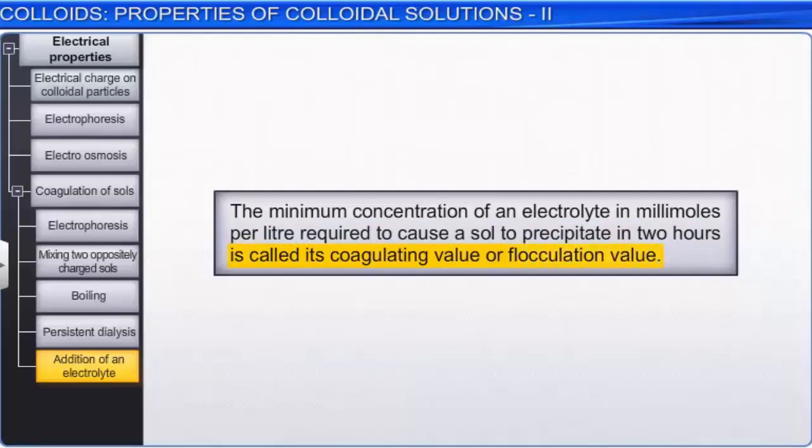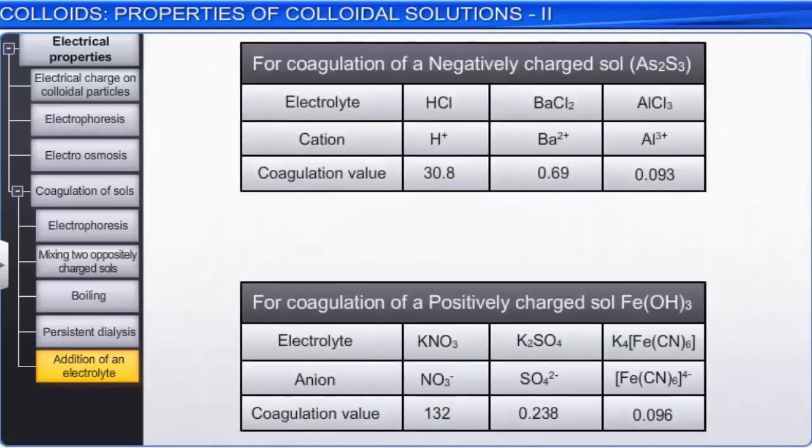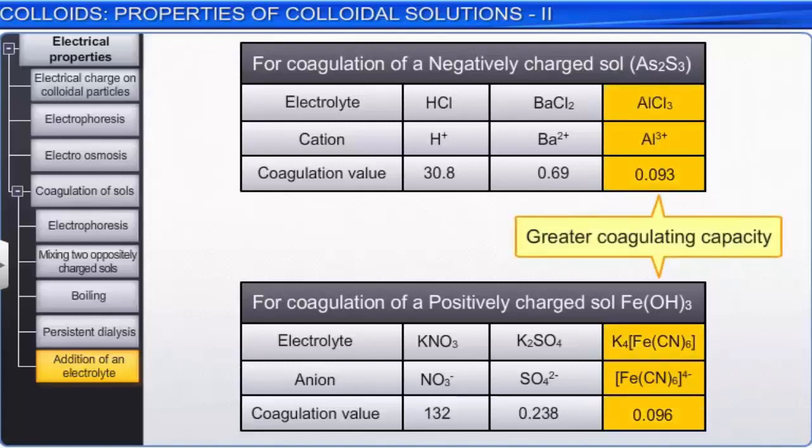It is important to note that the smaller the flocculation value, the greater is the coagulating power of the electrolyte. You can see from the table that the Al3+ cation and the [Fe(CN)6]4- anion have extremely low values of flocculation value. Therefore, they exhibit greater coagulating capacity as compared to other ions in their category.